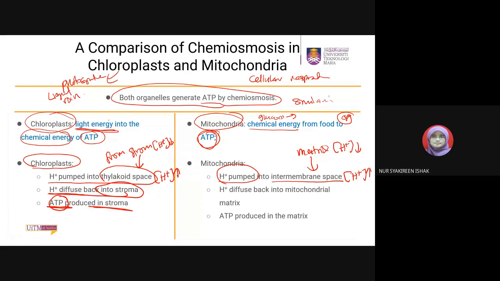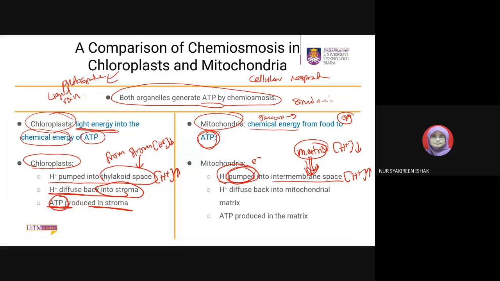Ingat balik cellular respiration, pump maksud dia apa? Active transport. Hydrogen ion is pumped from the matrix into the intermembrane space. Mana nak datang energy from pump tu? From electron transfer lah along the ETC. ETC dekat mana? Dekat crista.